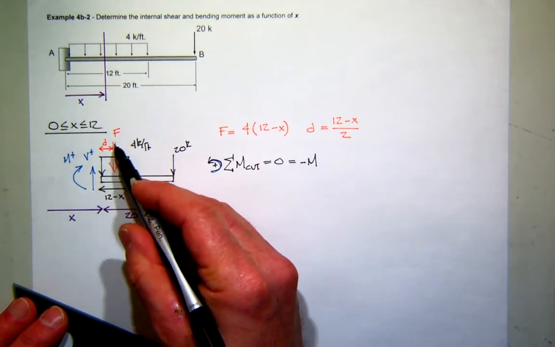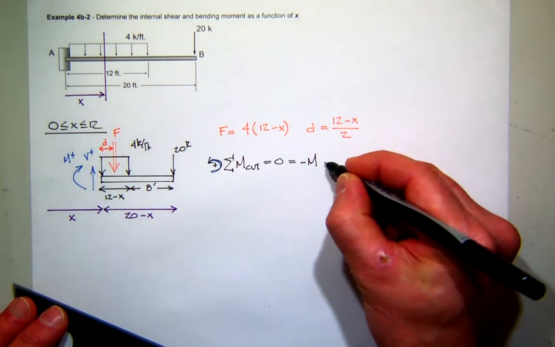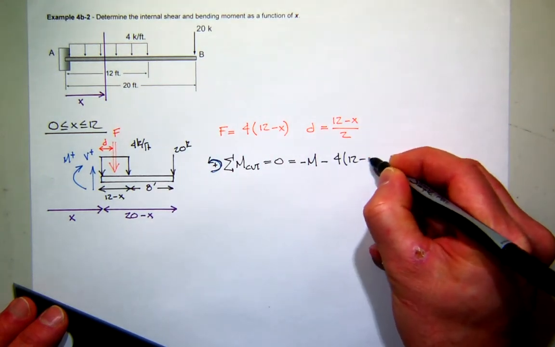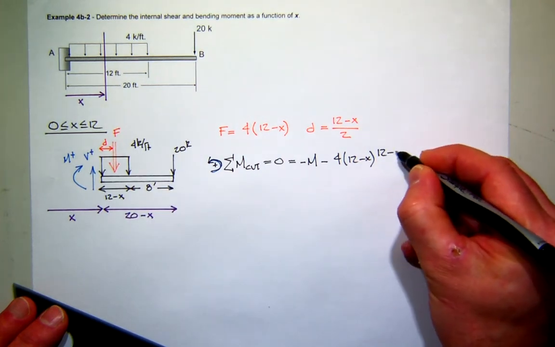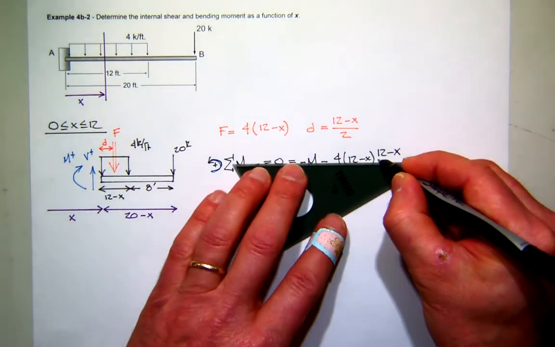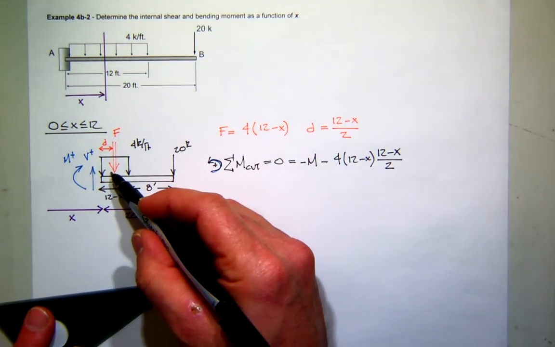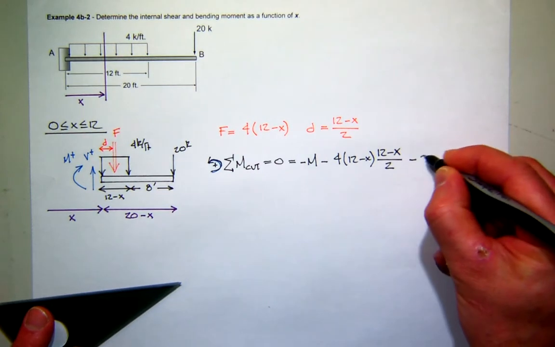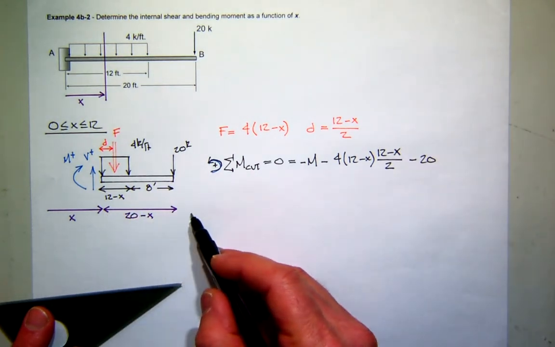About the cut, F creates positive or negative moment? Negative. And the force would be 4 times 12 minus x times the distance, which is 12 minus x over 2, right? And what else do I have? This 20 creates negative moment. And what's its distance? 20 minus x.